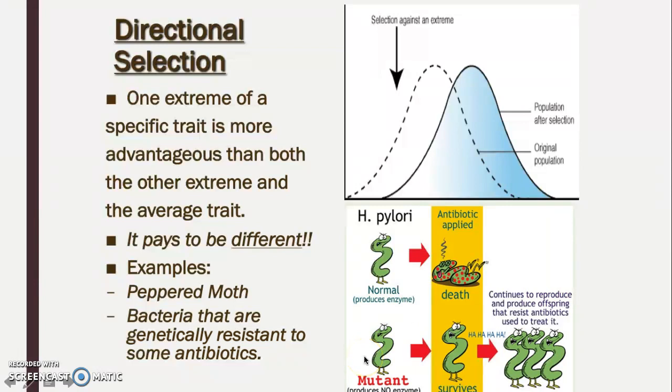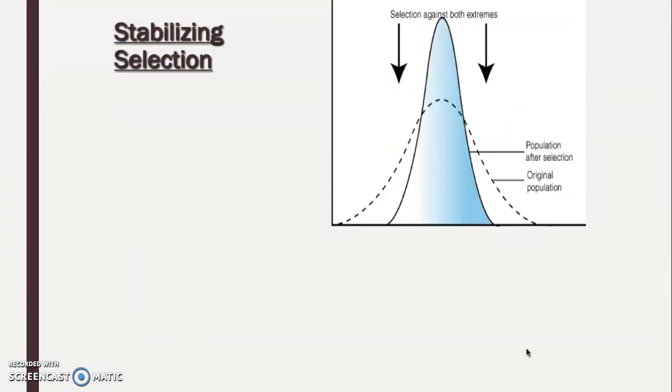So it's managing to survive these antibiotics. It'll not be killed by the antibiotics, and then it'll reproduce, and we'll have more and more of those antibiotic resistant individuals within the population. And this is why the use of antibiotics is a little scary if it gets out of control.